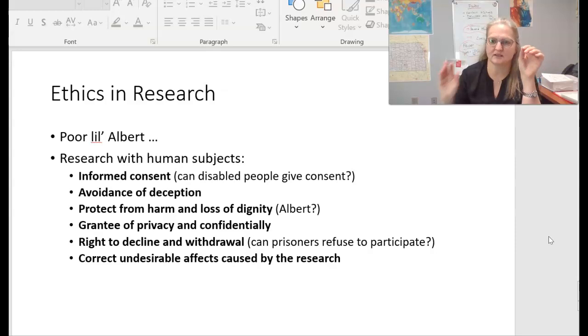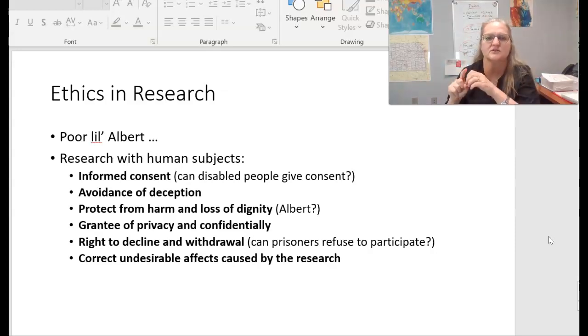Albert is a good example of unethical research because Albert did not give consent and it caused harm. It did not protect Albert from harm. Other variables are avoidance of deception. It's considered unethical to unnecessarily lie in order to get someone to participate in a study.